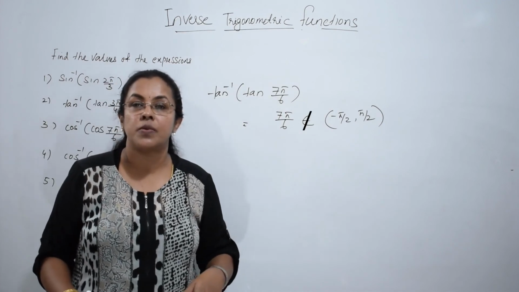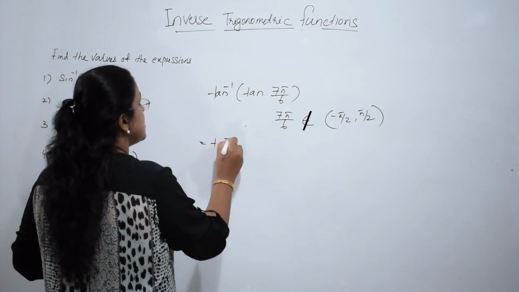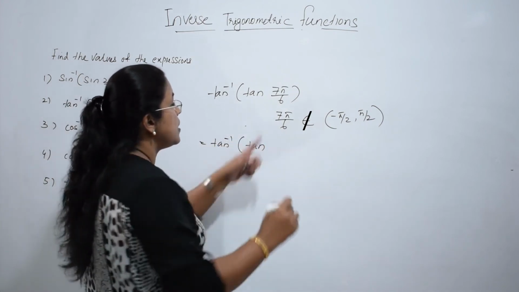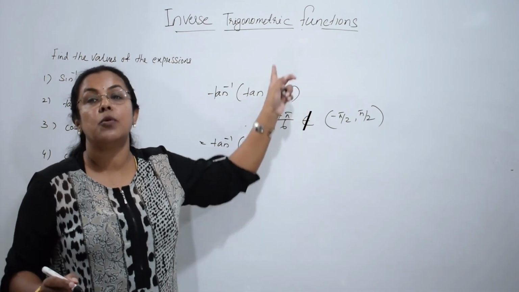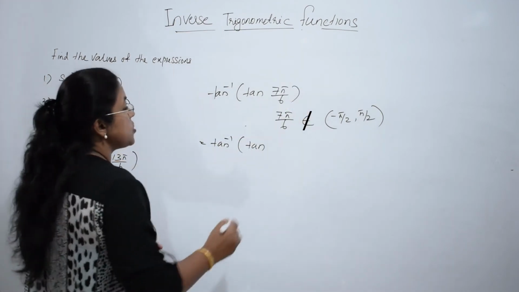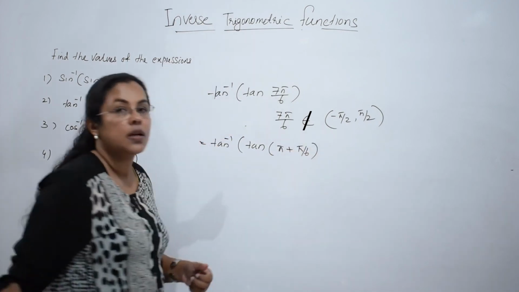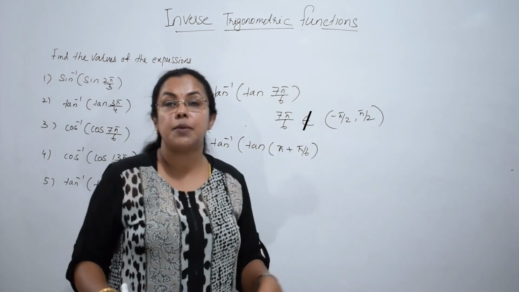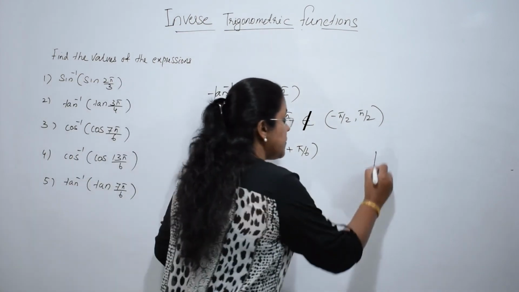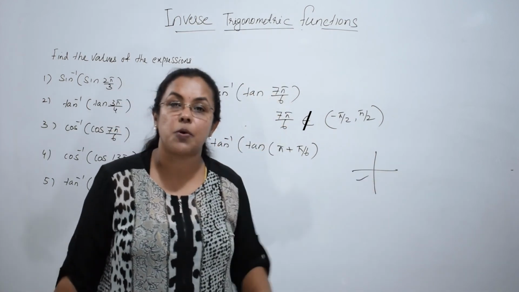So rewrite it, tan inverse tan, 6 plus 1 is 7, 1 more than the denominator. So we can rewrite it as pi plus pi by 6. What about tan 180 plus theta? Which quadrant will it lie? In the third quadrant. All students take, tan is positive.